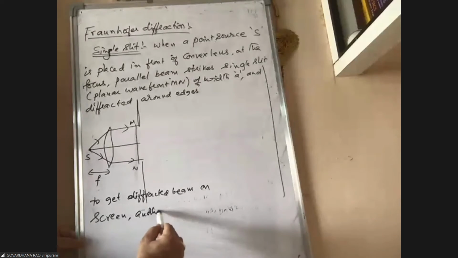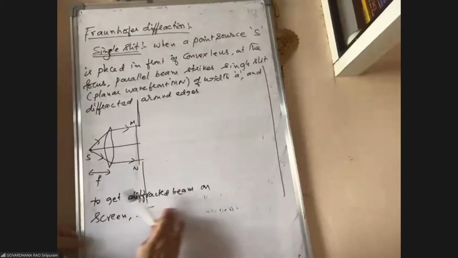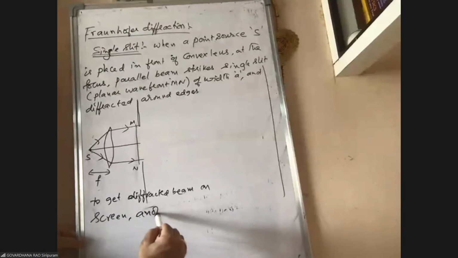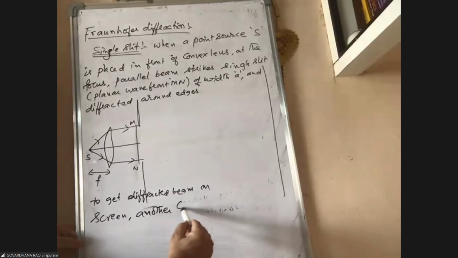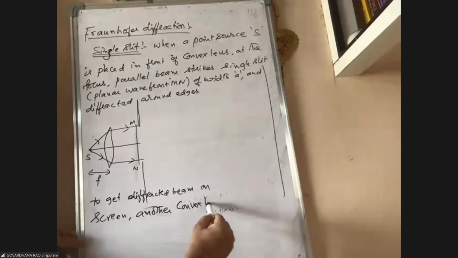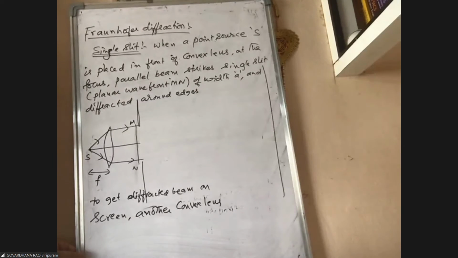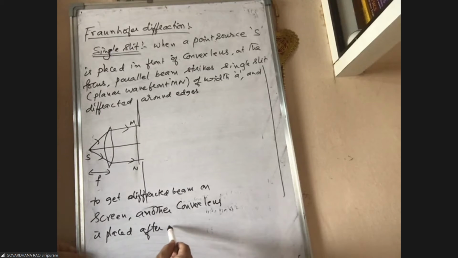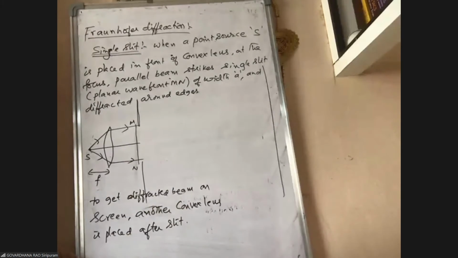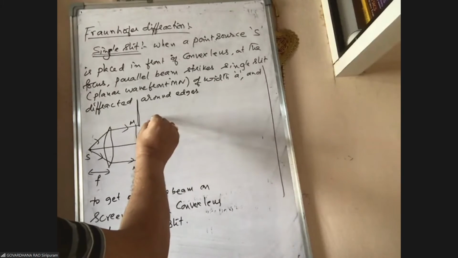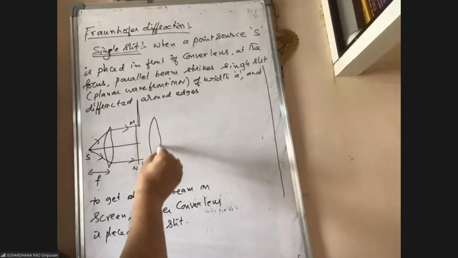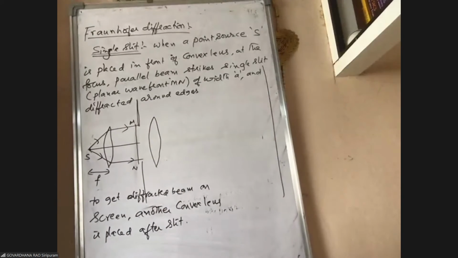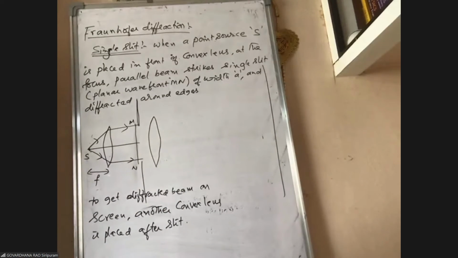Another convex lens is placed after the slit.